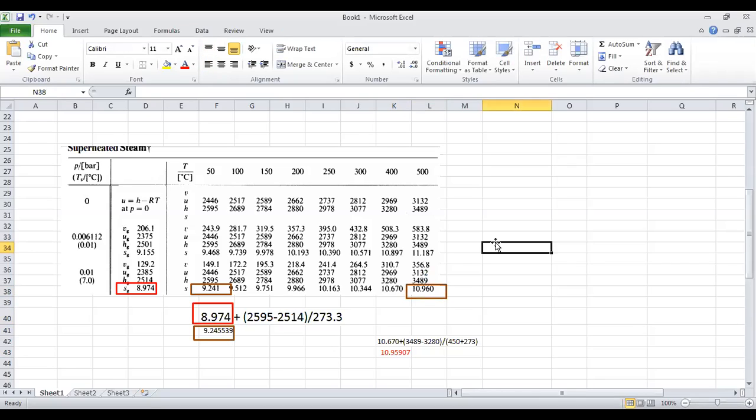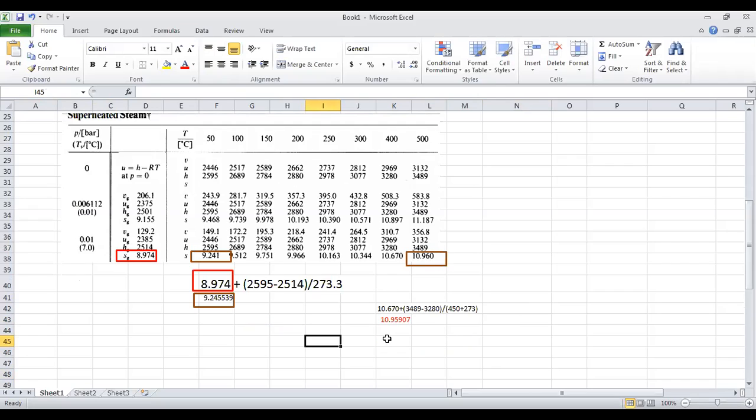Okay. So you will have some understanding on how these values are calculated. Same way we can calculate each and every one. Okay. So you will feel this is very close.